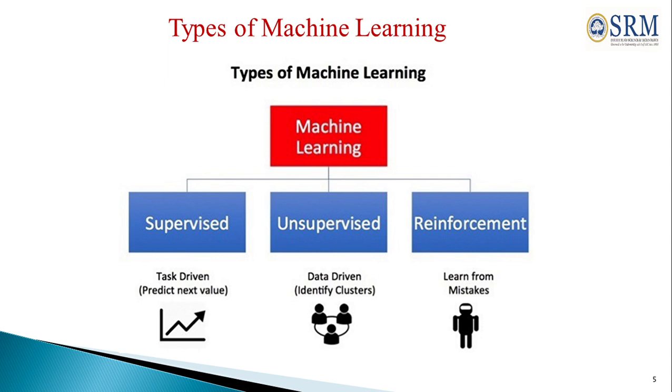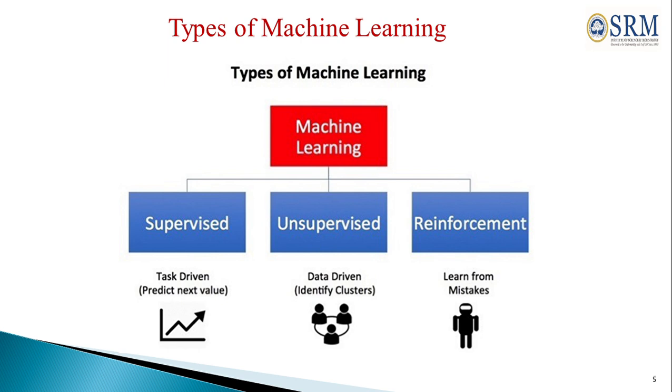Supervised learning is nothing but task driven. Given a set of input output pairs, you are going to predict the next value. Next comes unsupervised learning. It is a data driven approach. The next one is reinforcement learning. It is nothing but learning from mistakes from the environment.